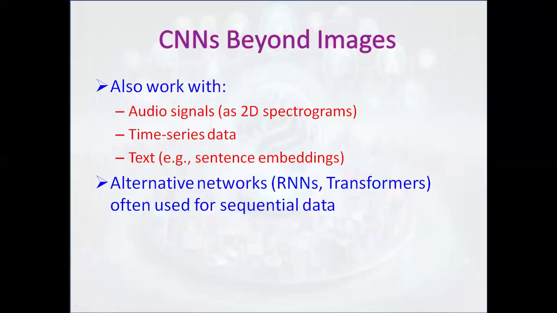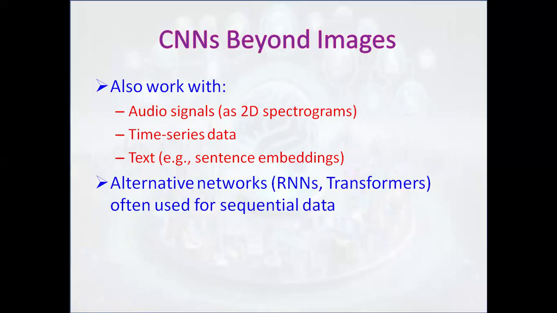CNNs beyond images. CNNs can also be applied to 2D representations of audio data like spectrograms, enabling tasks like speech and music recognition. They are useful in time series data analysis, where patterns can be treated similarly to image segments, such as in financial or sensor data.